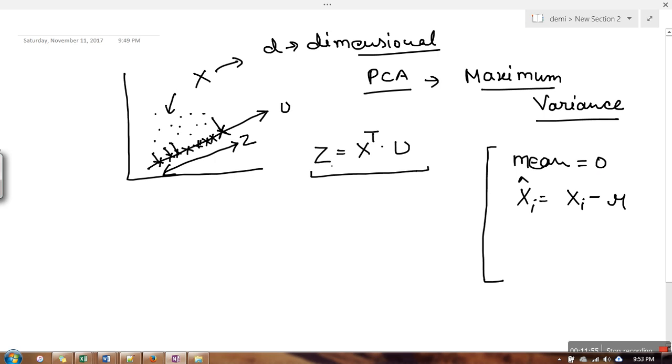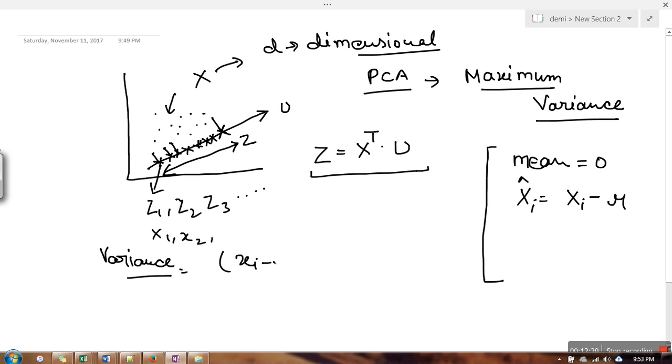Now all these data points are z1, z2, z3, and so on. We want to find the variance of this data, and as we know, variance is, if we are given some data x1, x2, x3, the summation of x minus mu, squared, upon n. So this is the variance.